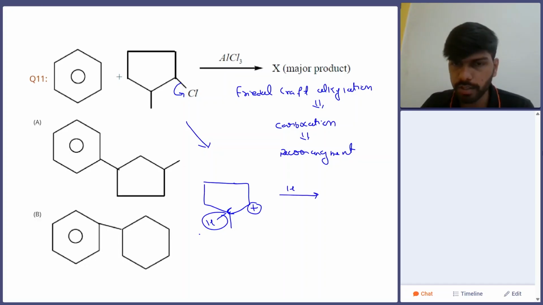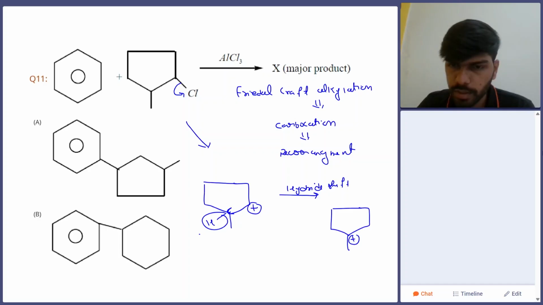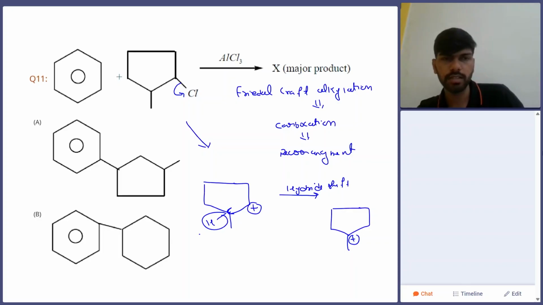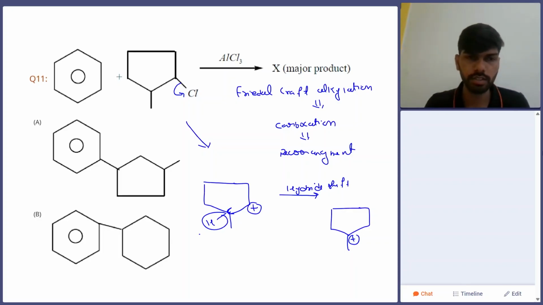After that we can say hydride shift. When the hydride shift is there, we can say there is a positive charge, and hydrogen will attach here. Now this part I have to attach to my benzene. If this part attaches to benzene, the reaction will be this one.